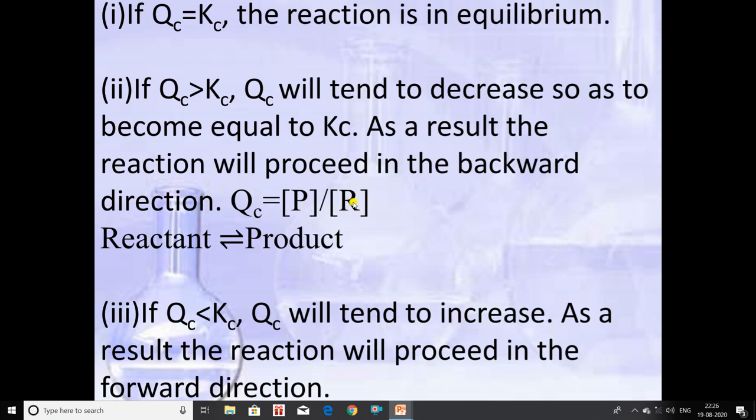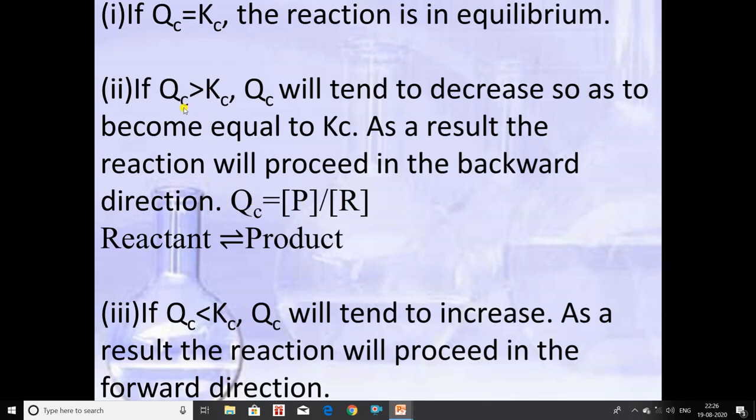Now think about how you can decrease the value of Qc. If you increase the value in the denominator, then the value of Qc will decrease, and the denominator is the concentration of reactant. So if the concentration of reactant increases and the concentration of product in the numerator decreases, then the value of Qc will decrease.